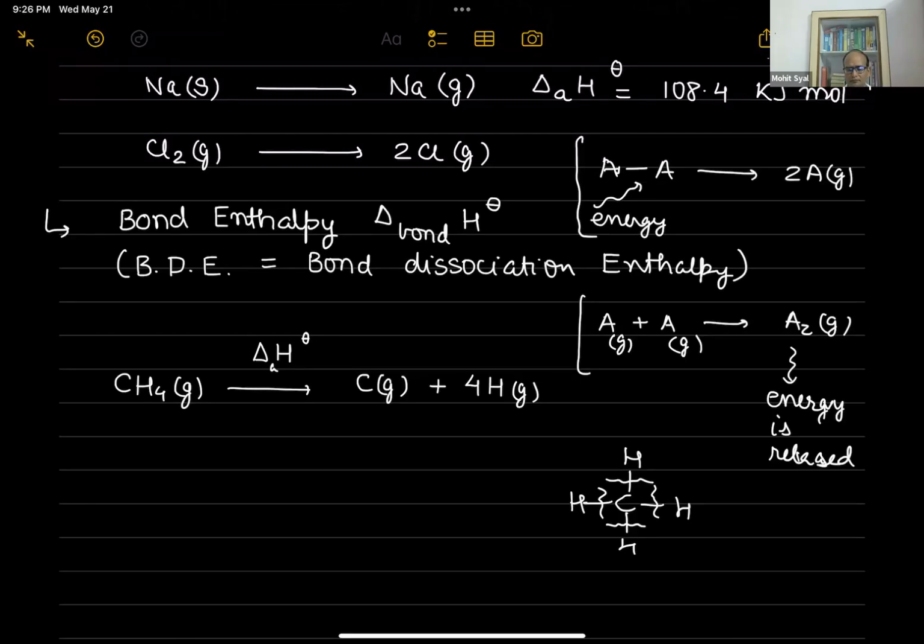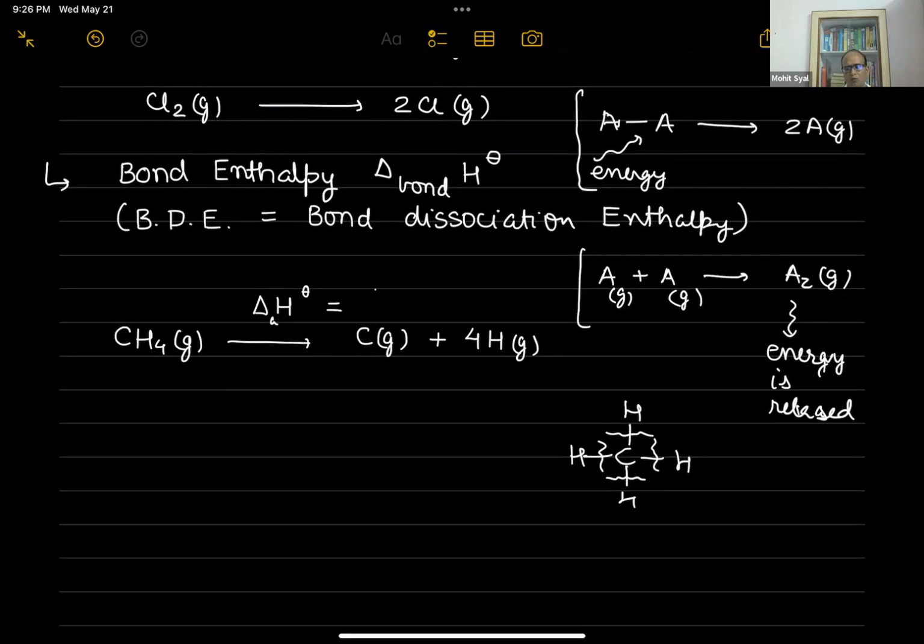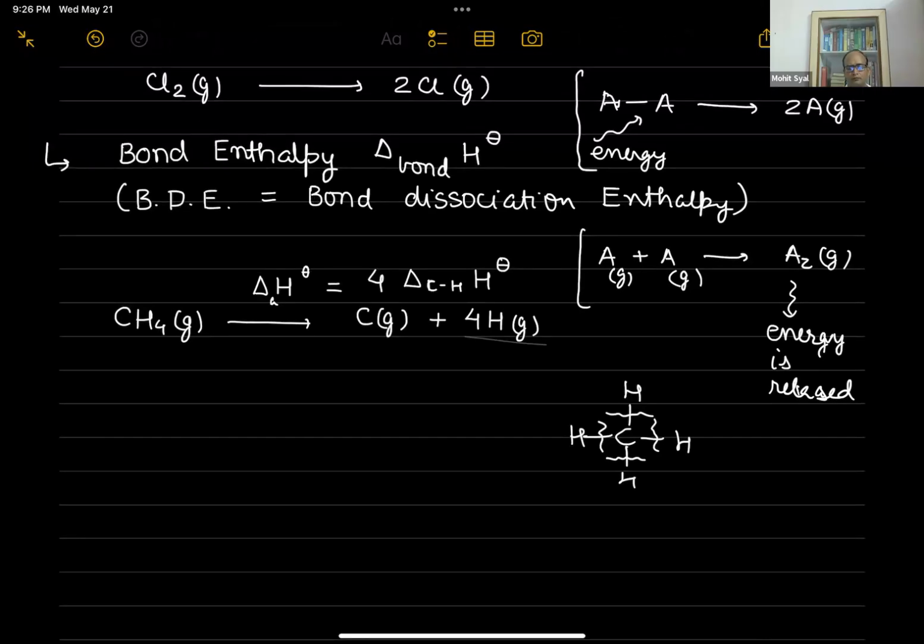So this energy is basically equal to 4 times the bond dissociation enthalpy of C-H. Why 4 times, why not 3 times? Four bonds. Because while changing into atoms, I've broken 4 C-H bonds. You can see this diagram.